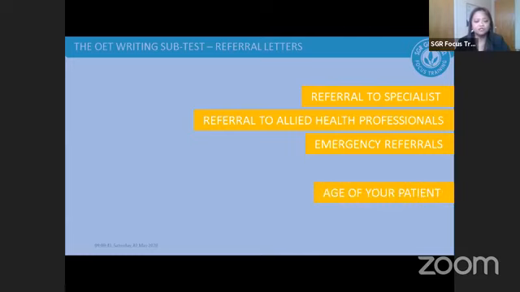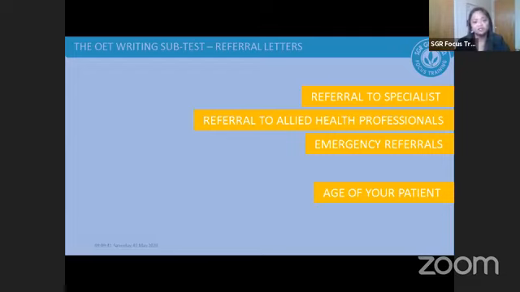Some of the considerations that you need to make when writing a referral letter is the age of your patient. So again, your choice of wordings, the way that you greet, or handle the letter is different if the patient is a child, or a young adult, an adult, or an elderly person.